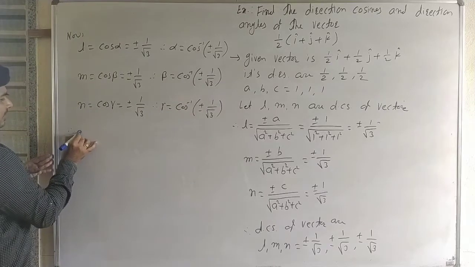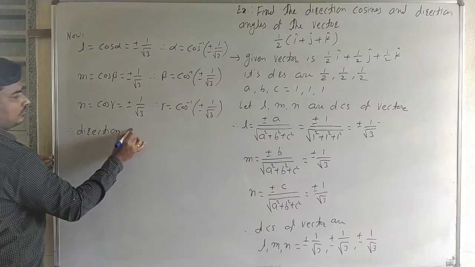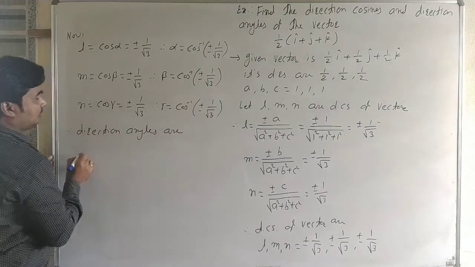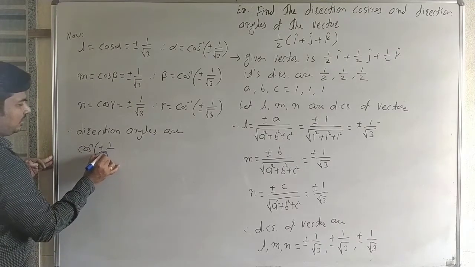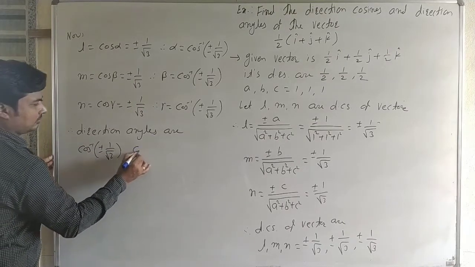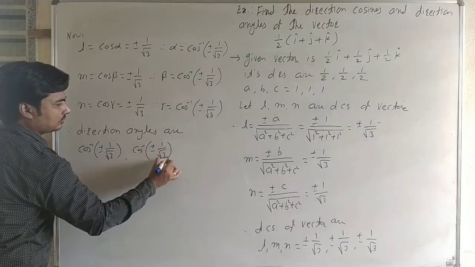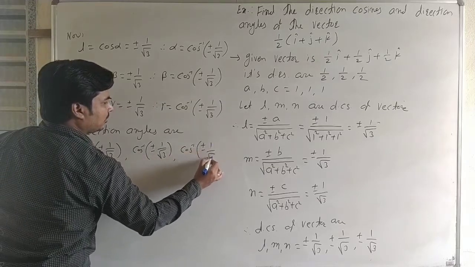Therefore the direction angles are cos inverse of plus or minus 1 by under root 3, cos inverse of plus or minus 1 by under root 3, and cos inverse of plus or minus 1 by under root 3. Okay.